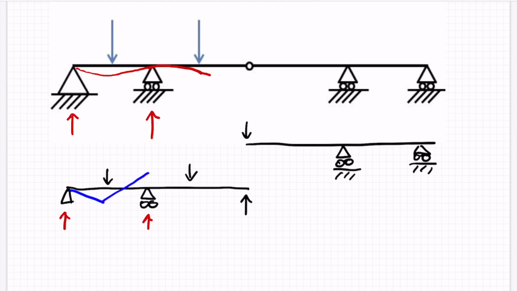And the further away we go, as we go along this line here and looking at everything to the left of it, that reaction force will cause more clockwise rotations. Clockwise rotations will want to cause more tension on the bottom side here. So that will go down there. I'm assuming that there'll be a point of contraflexure there.